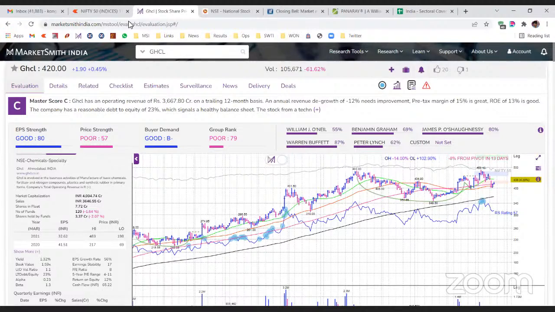Management was pretty positive about the segment, seeing some slowdown in the textile segment, but with the spin-off happening in GHCL, the company is likely to concentrate on the soda ash segment going forward.